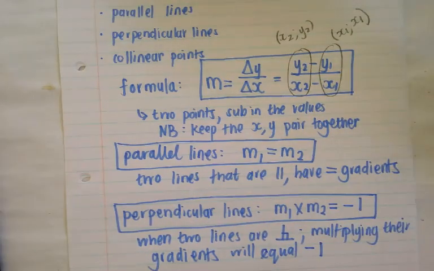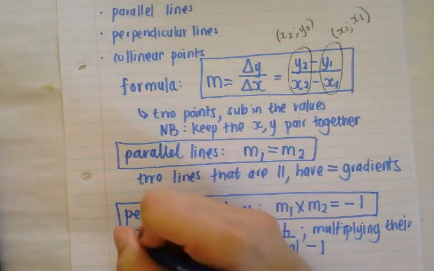So if I take two lines and I multiply their gradients and the answer is not negative 1, then simply they are not perpendicular lines. Say it again. If the gradients multiplied together are not negative 1, then they are not perpendicular lines.